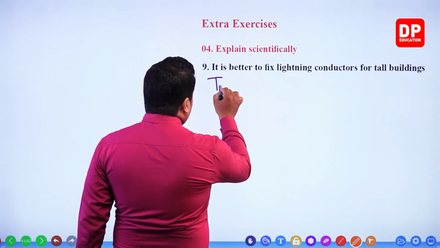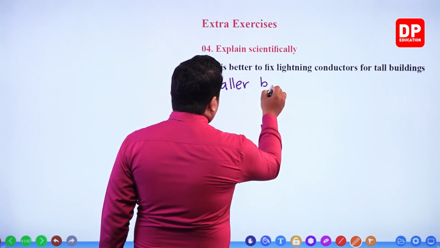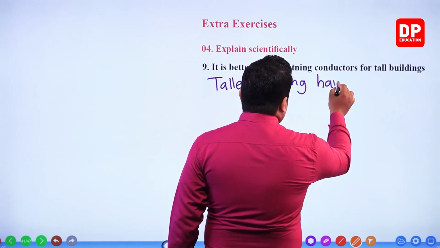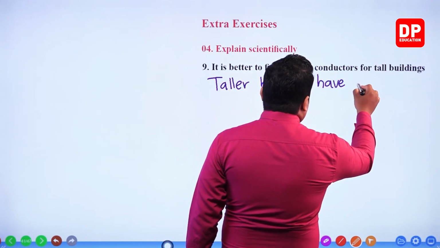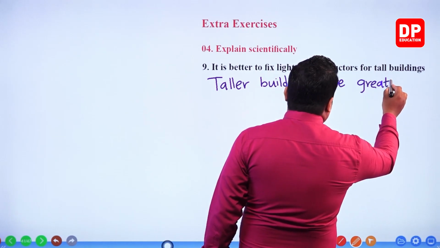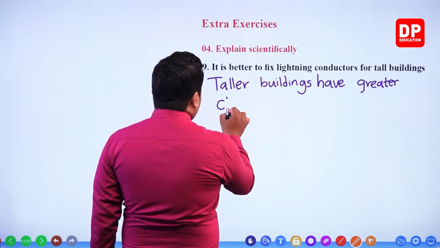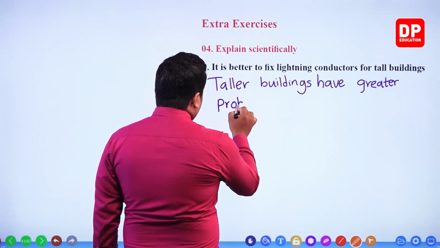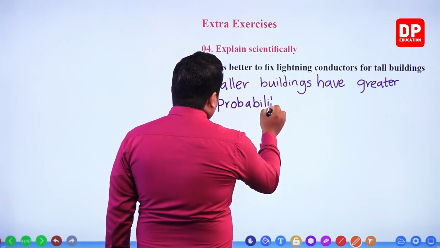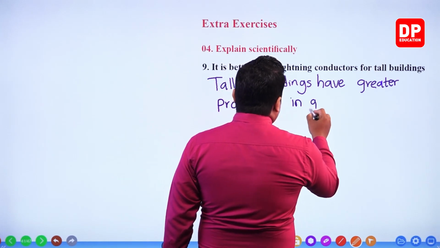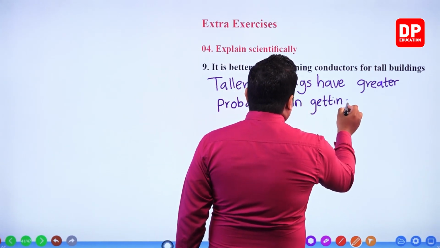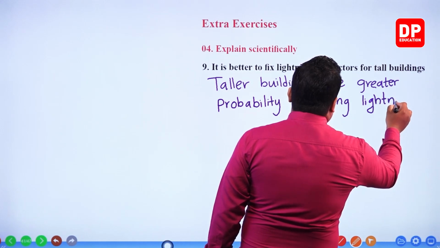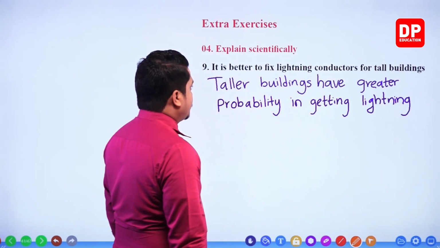So taller buildings have greater chance or greater probability in getting lightning. Right?